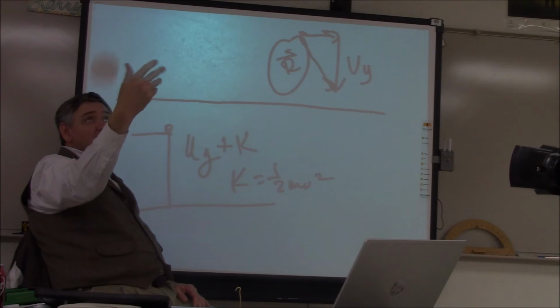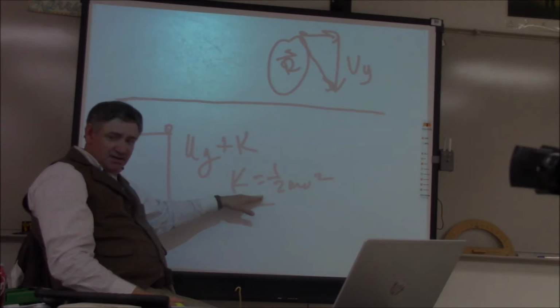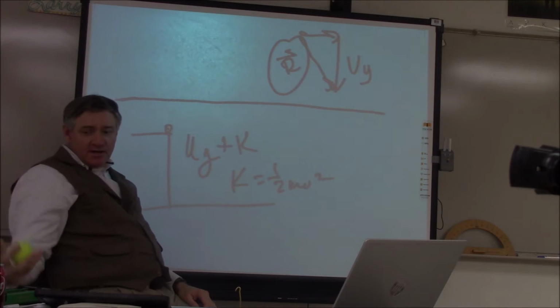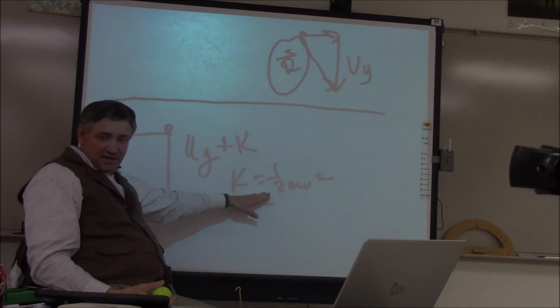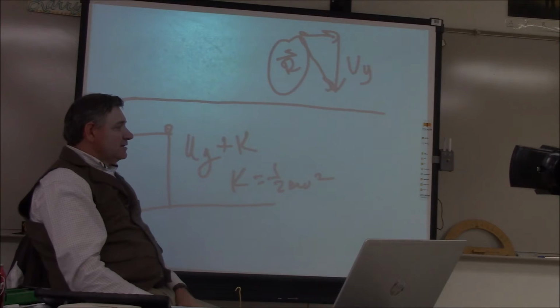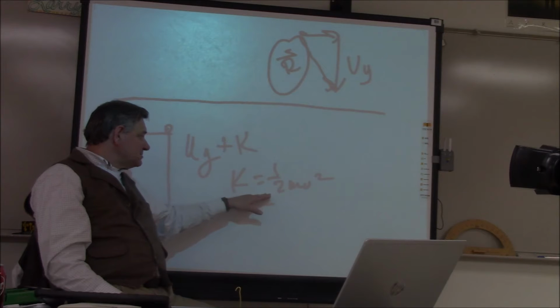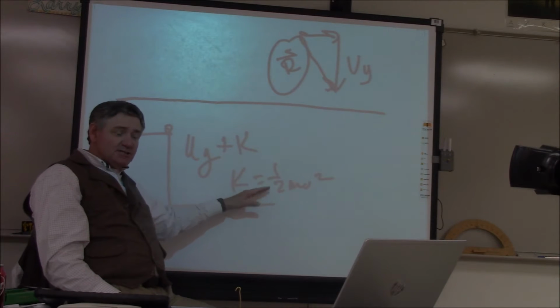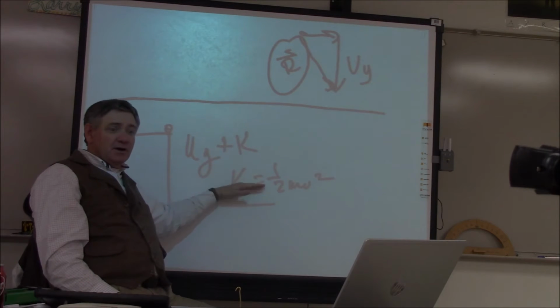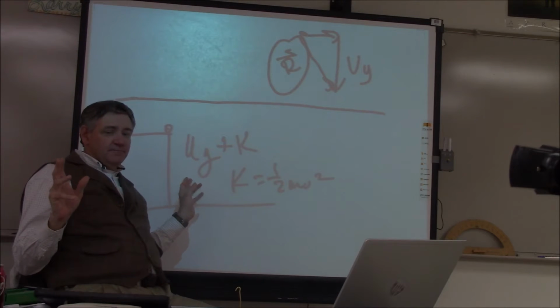If I throw that ball up, it's going to have a certain velocity and a certain kinetic energy. If I throw the ball down, it's going to have the exact same amount of kinetic energy. If I throw it at an angle like that, it's going to have a certain amount of kinetic energy. So this amount of kinetic energy does not change depending upon which direction I throw it.